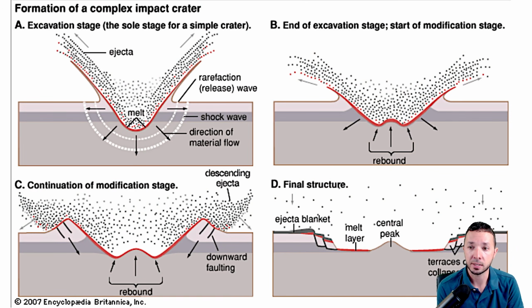Now, kinetic energy is going to be the main force that creates these impacts, right? So now you can kind of see the A, B, C to D in terms of the formation of a crater. The initial impact, there's a shock wave, there's that rebound effect you could see in B that's going to create that little mountain sort of pillow shape in the middle sometimes. And ejecta is another good vocabulary word to know. That's going to be like dust and dirt that just gets shot out essentially.